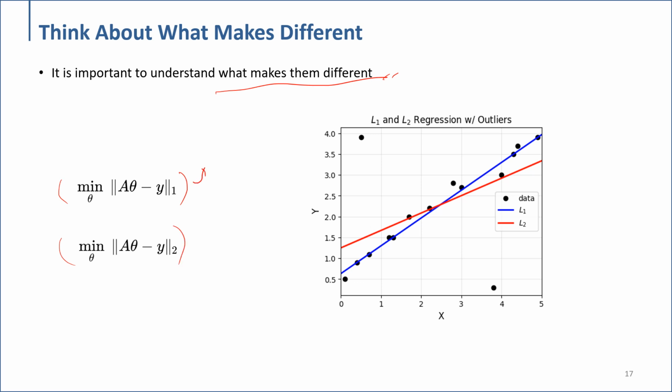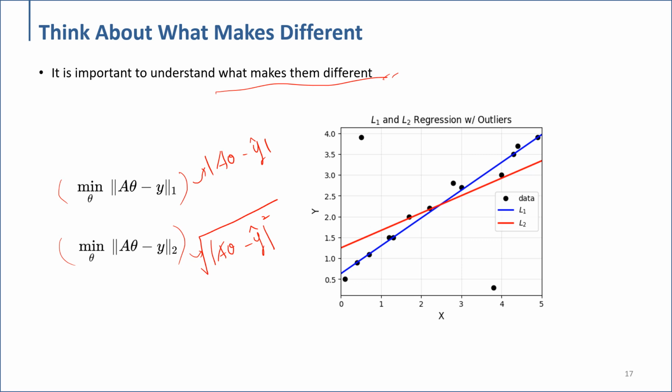By definition, the L1 norm measures the difference between the real value and the predicted value. In the case of the L2 norm, we should square these values, sum them, and then calculate the square root of the summation.